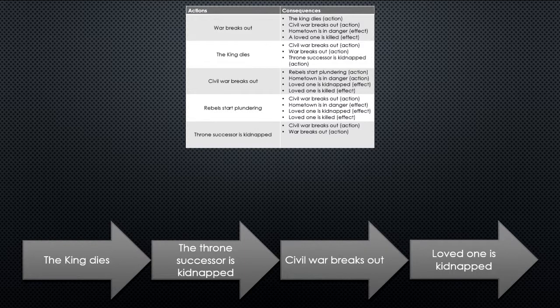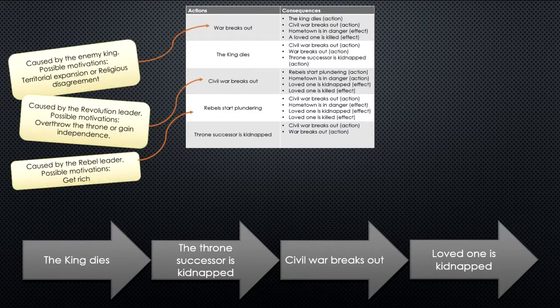The next step is to find the opponent and his motivation. When looking at the actions from before, we see that some of them are caused by people. So for each action that is caused by a person, we associate that action with that person and a list of possible motivations. When finding the opponent, we simply take the chain of events from the step before and go back till we reach the first event that is caused by a person.